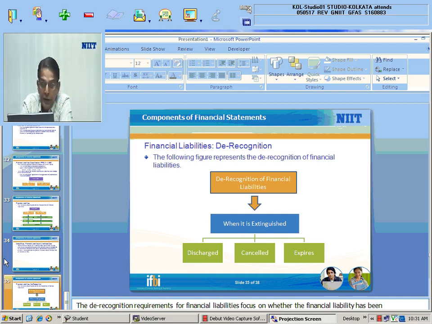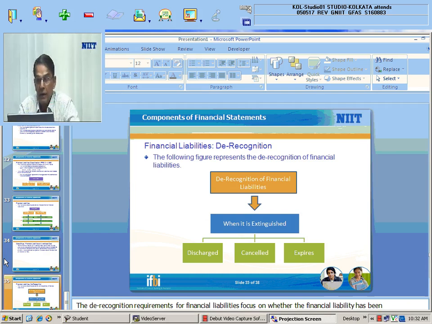So the recognition requirements for financial liabilities focus on whether the financial liability has been extinguished or not. This means that the recognition of a financial liability is appropriate when the obligation specified in the contract is either discharged or is cancelled or expires. Then a financial liability should be recognized.